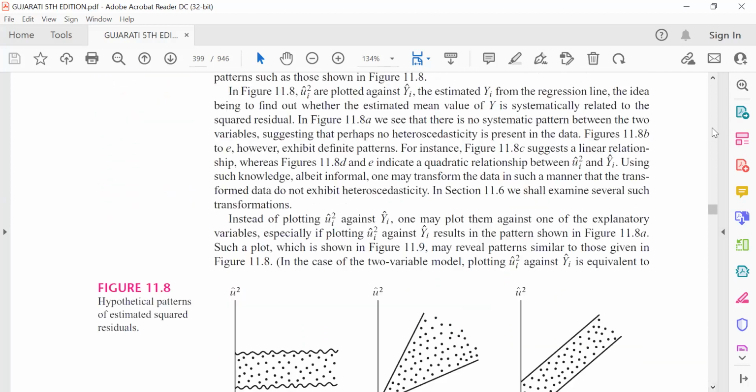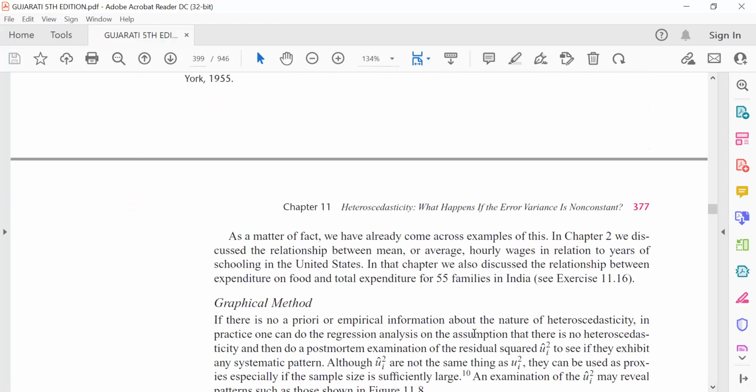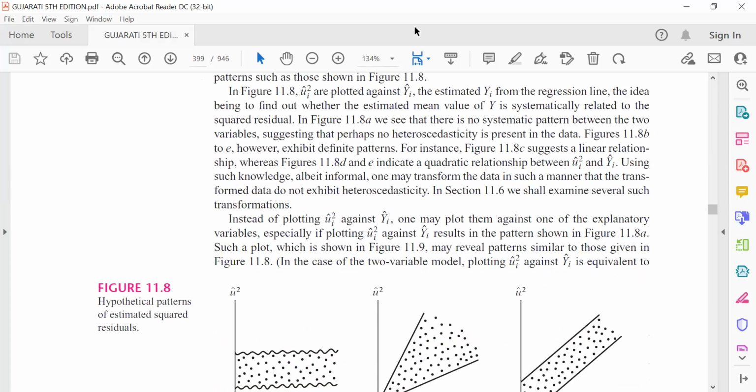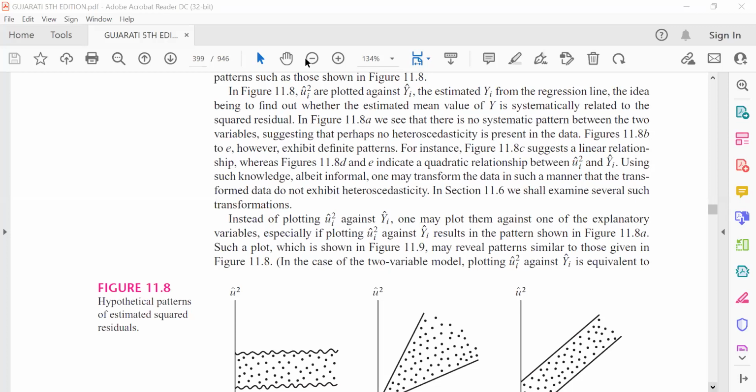This is the first approach, the graphical method.